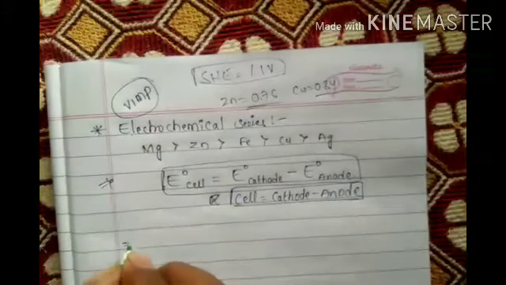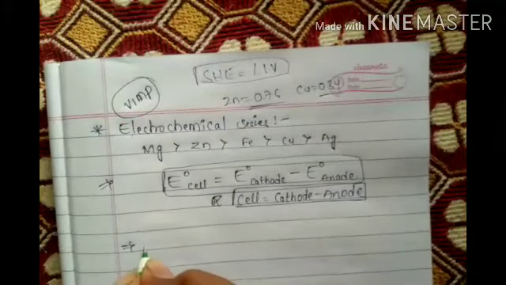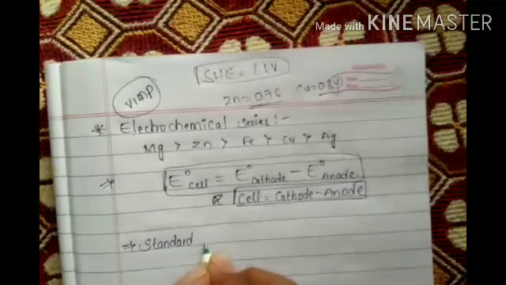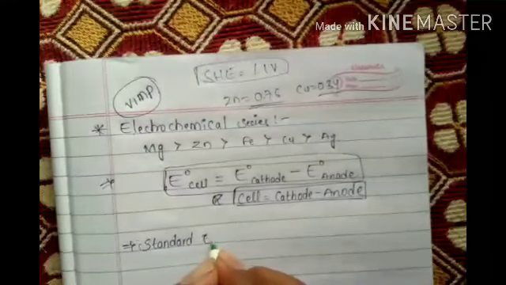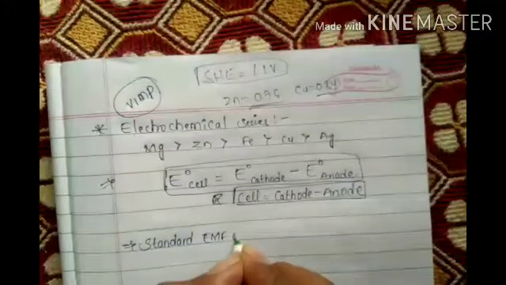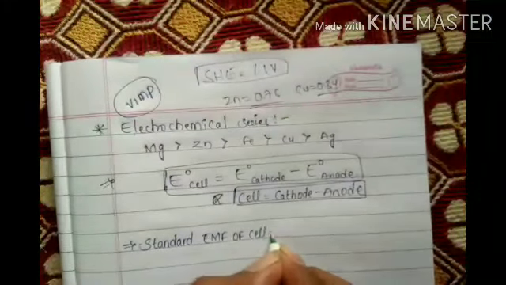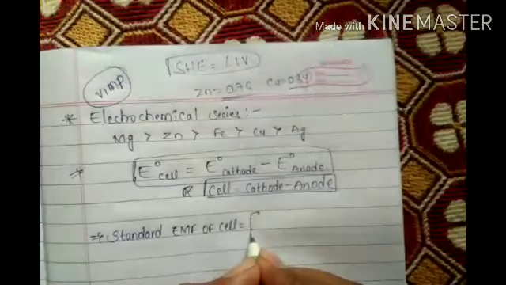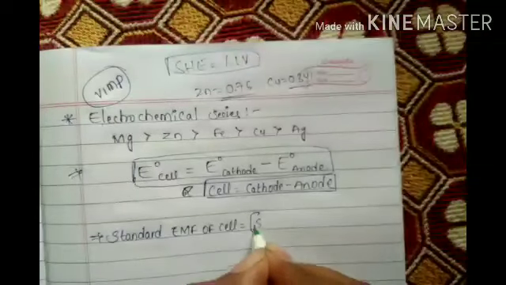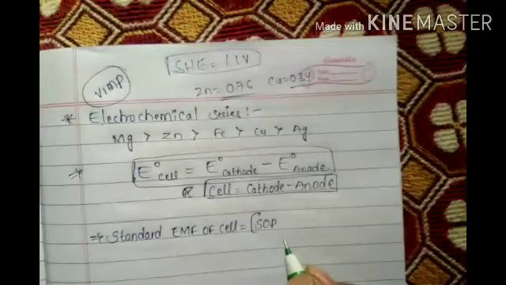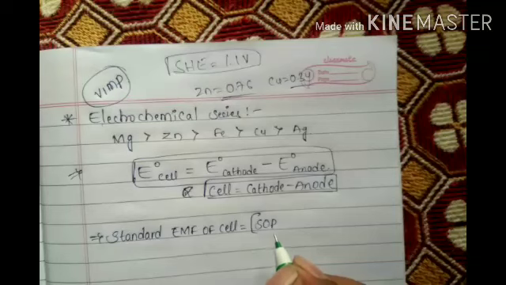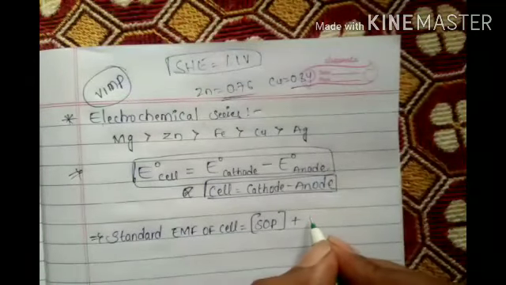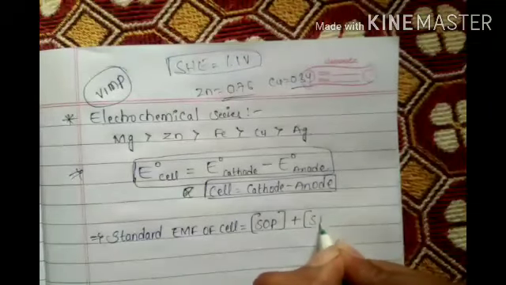Standard EMF of cell equals standard oxidation potential plus standard reduction potential.